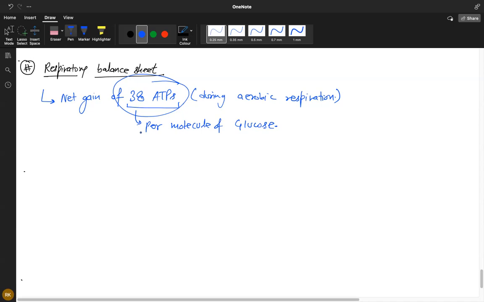There are some assumptions made to find this theoretical number of 38 ATPs per glucose molecule. This is based just on the chemical reactions, but we assume that the chemical reactions we have studied till now inside the cell all happen in that same manner, and one after the other in a sequential order.